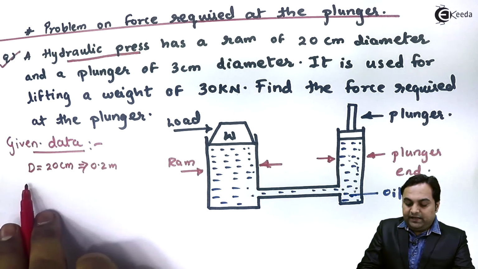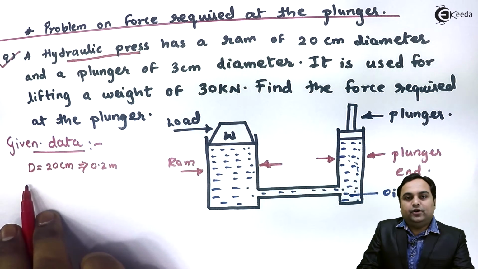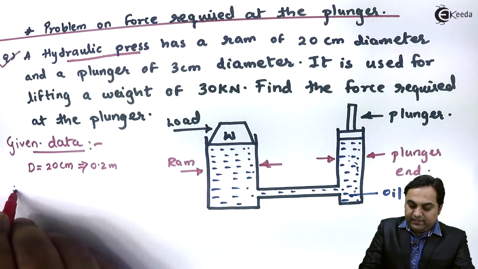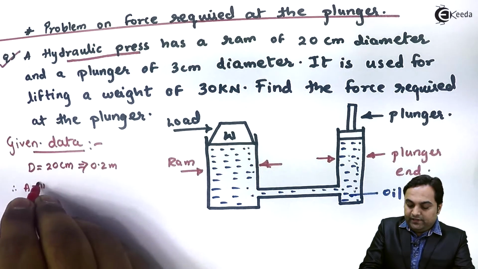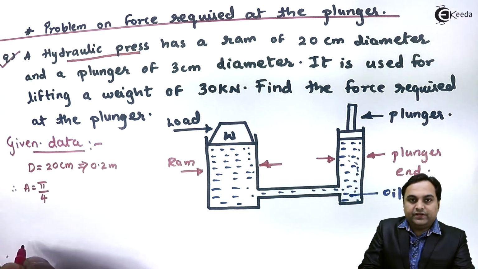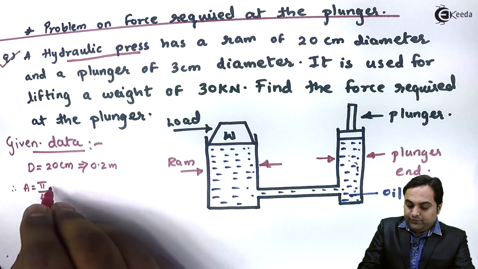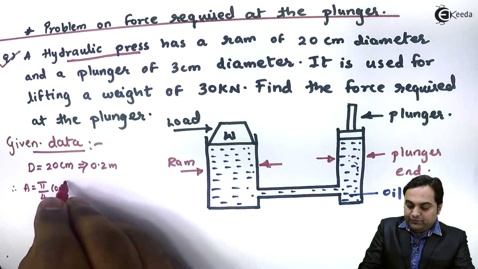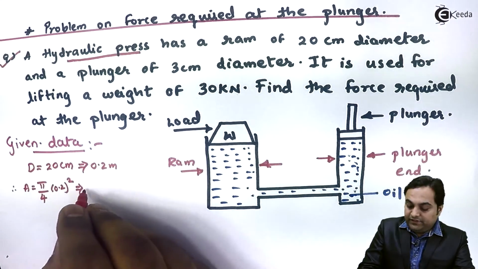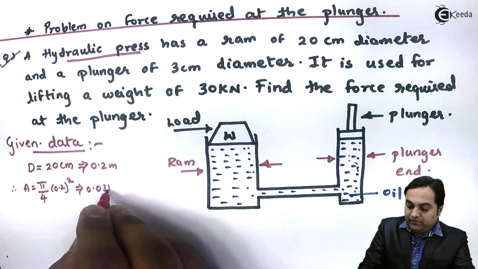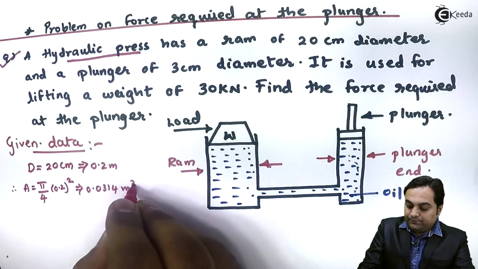Now once I know the diameter, I can calculate the area of ram. So I'll write down capital A as the area of ram. It will be given by pi by 4 into d square. Here the diameter is 0.2, so pi by 4 into 0.2 square, and my answer of area, which I have already calculated, is 0.0314 meter square.